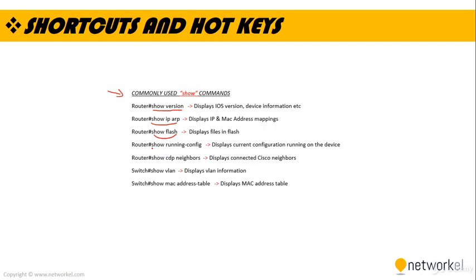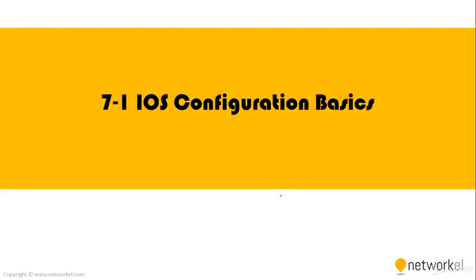We can use show running-config to display the current configuration running on our device. We can also use show cdp neighbors to display directly connected Cisco neighbors. We can use show vlan to display the VLAN information, and we can use show mac address-table to display the MAC address table.